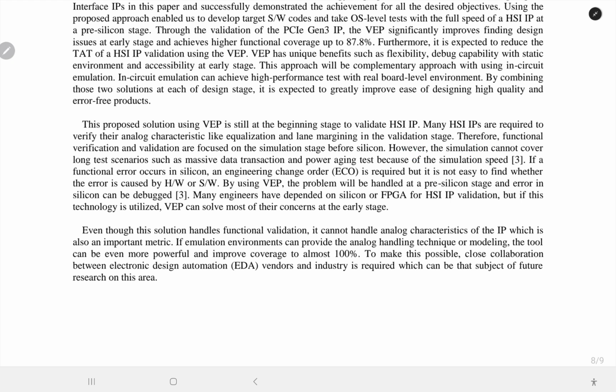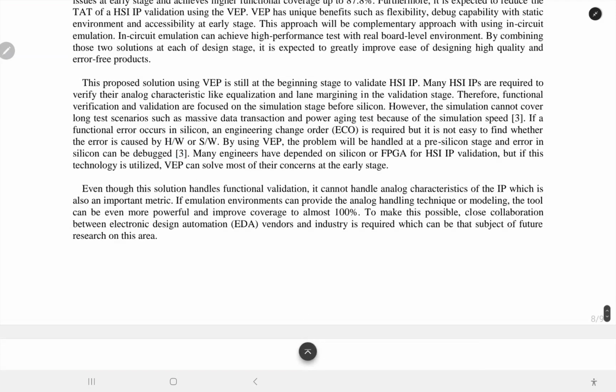However, simulation cannot cover long test scenarios such as massive data transactions and power aging tests because of simulation speed. If a functional error occurs in silicon, an engineering change order (ECO) is required, but it's not easy to find whether the error is caused by hardware or software. By using VEP, the problem can be handled at the pre-silicon stage, and errors in silicon can be debugged.